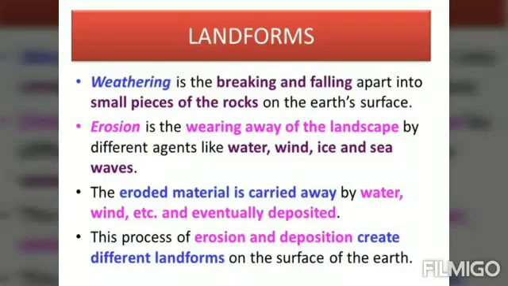Weathering is the breaking and falling apart into small pieces of rocks on the Earth's surface. What is erosion? Erosion is the wearing away of the landscape by different agents like water, wind, ice and sea waves.